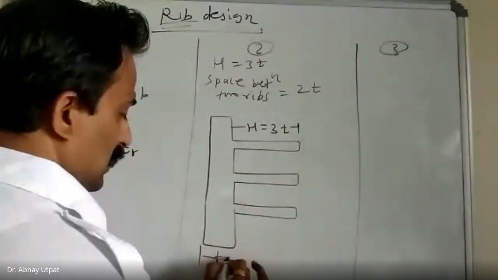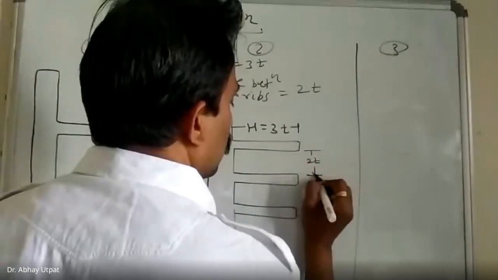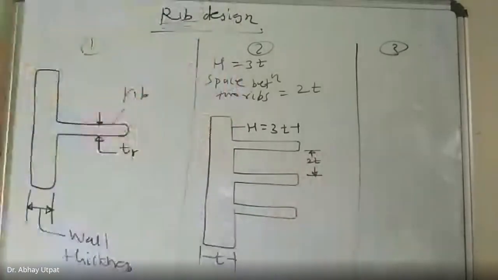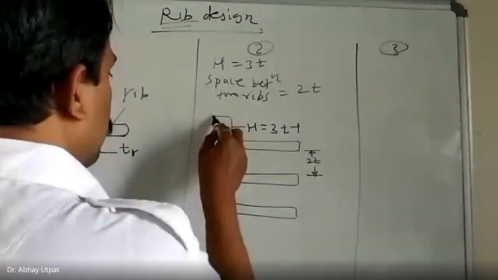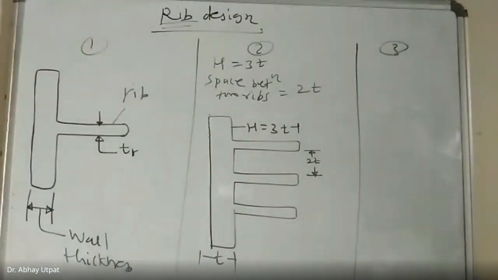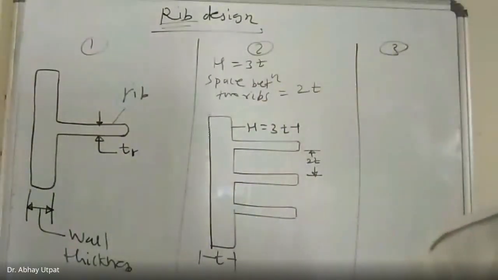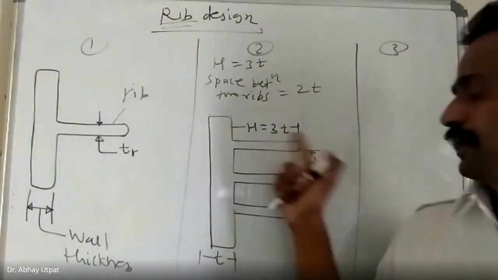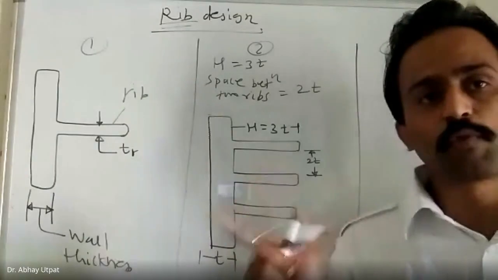This is equal to T. And this distance is 2T. Height of rib must be 3T, and space between two ribs is equal to 2T. T is nominal wall thickness.